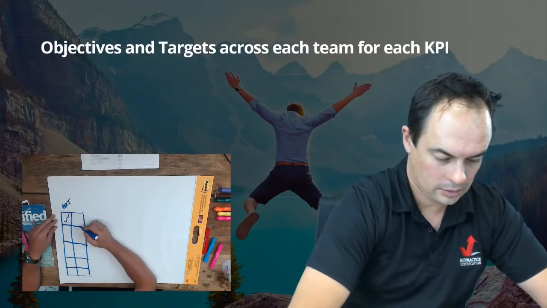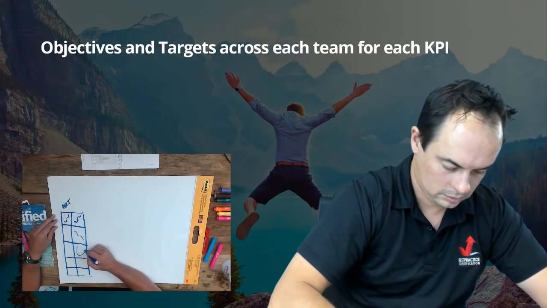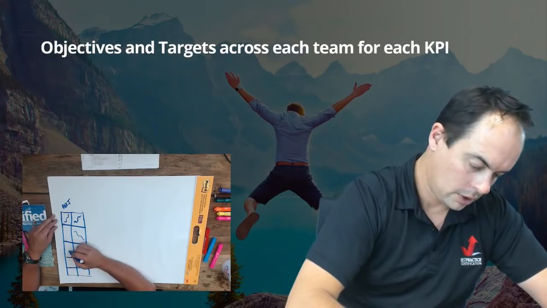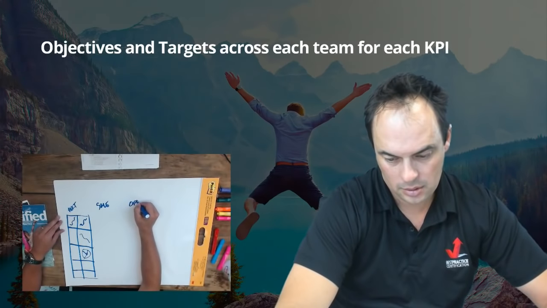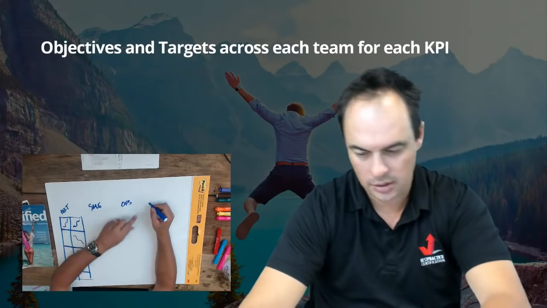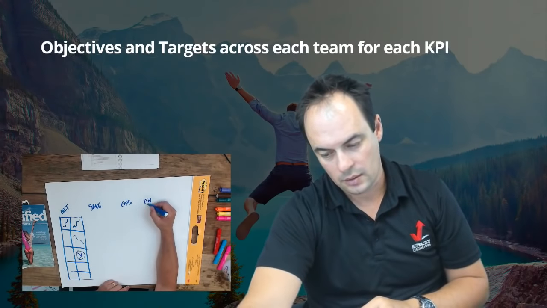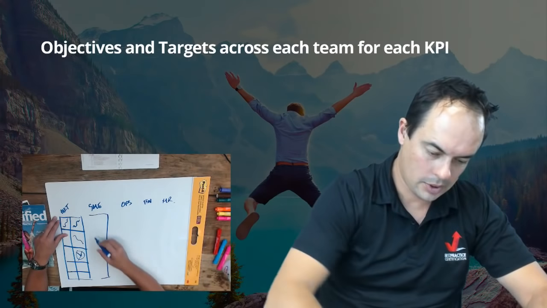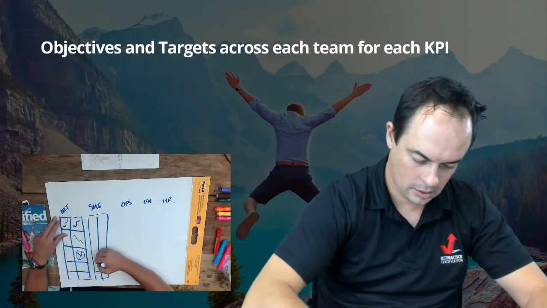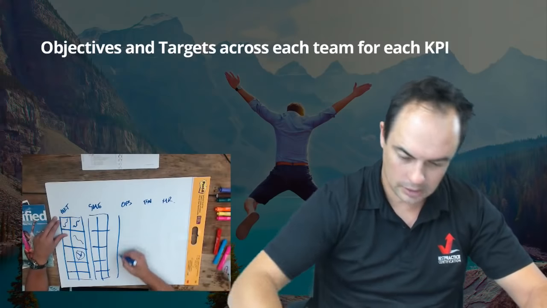And they're going to be graphs, and that starts to be your dashboard. Sales. Finance, HR, whatever the key sections of your business are at a high level. Just do it like this on butcher's paper.